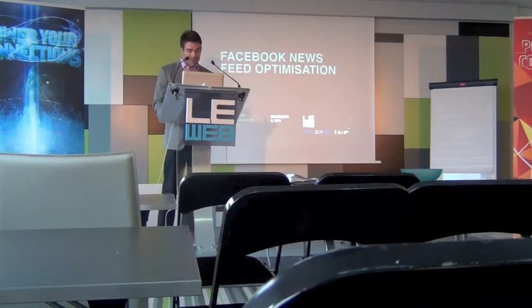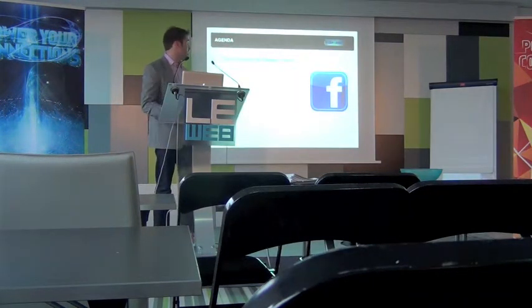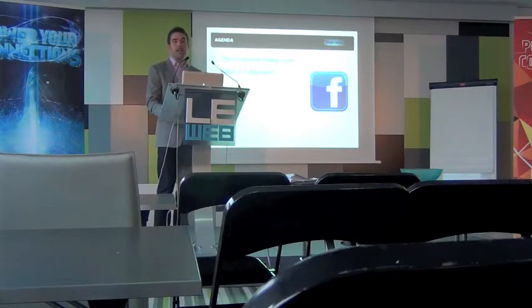So if we start off with the agenda, we're going to look into the Facebook newsfeed overall and the changes that happened in October. What is EdgeRank and the mathematics behind how posts are prioritised onto your newsfeed.